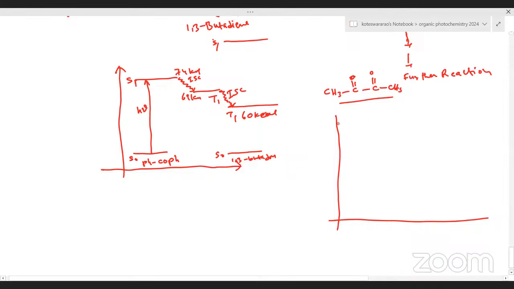This is the biacetyl and pyrene. Four benzene rings are fused to each other.